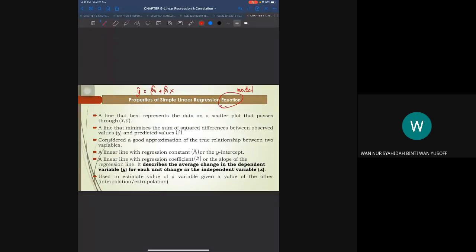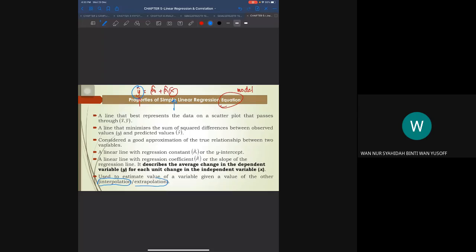You can predict the y given the x, or you can predict the x given the y. There are two methods for prediction here. The first one is interpolation, which means that we predict a value by using the given value within the range of the data.